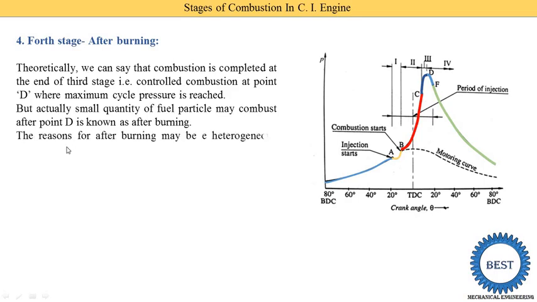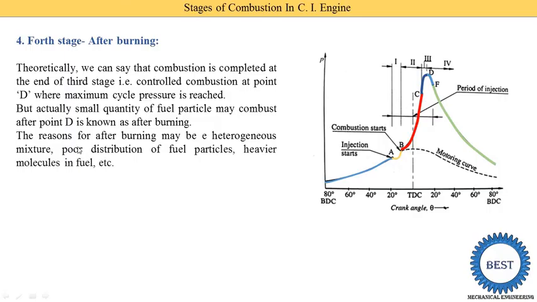The reasons for afterburning may be a heterogeneous mixture, poor distribution of the fuel particles, and heavier molecules in the fuel. A heterogeneous mixture means there is no proper mixing of the air and the diesel. But in a petrol engine, it is a homogeneous mixture, meaning air and petrol are properly mixed.